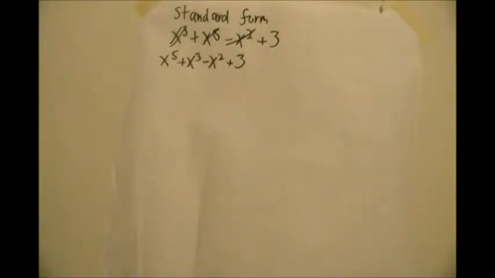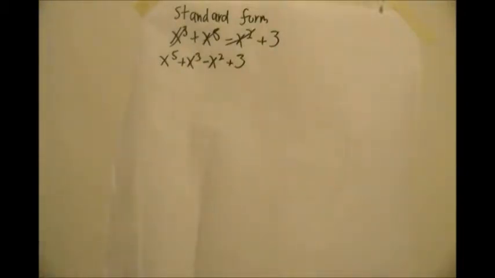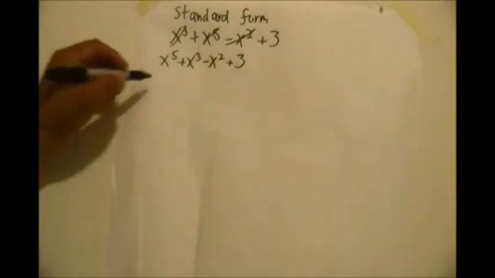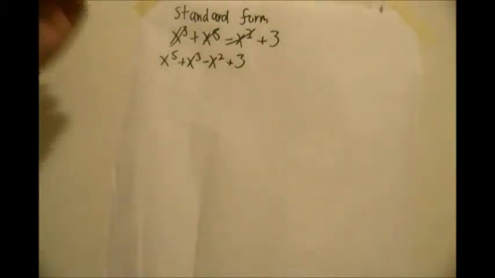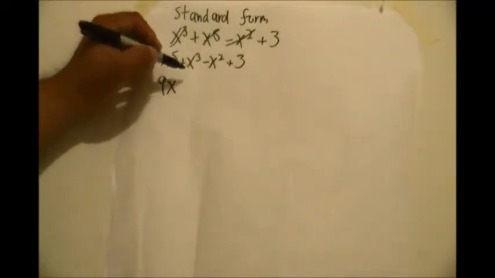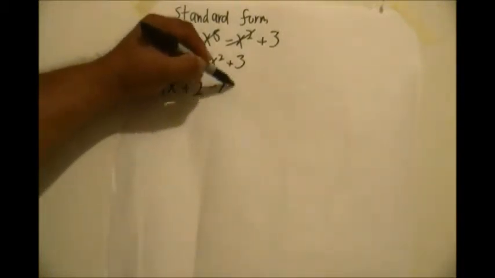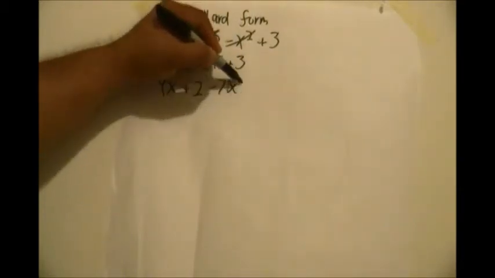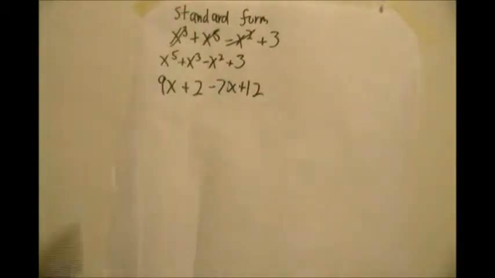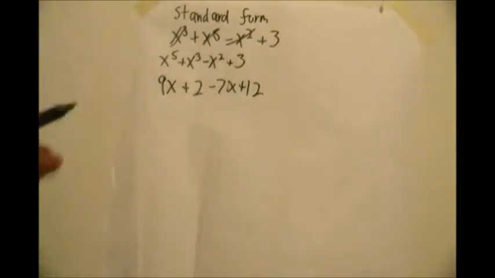Okay. So let's do something where we have to simplify a polynomial and write it in standard form. Here's a simple one. This is something from your homework. Let's do 9x plus 2 minus 7x plus 12. Right now we're not going to even worry about how to write this in standard form yet.